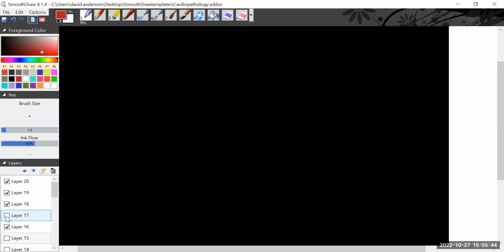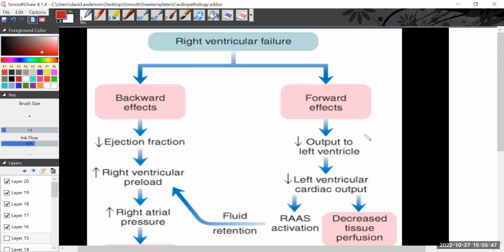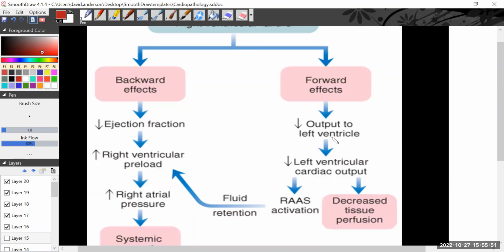If our problem started on the right side, and when we go forward, we're going to have decreased output to the left ventricle. Right?